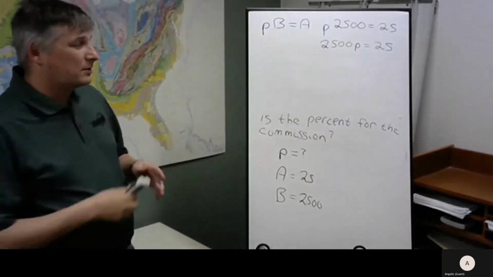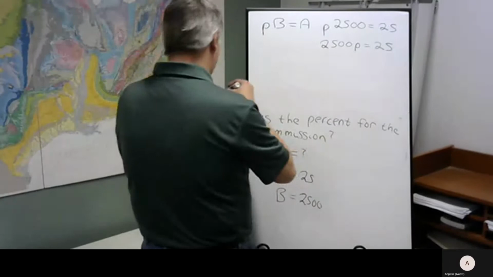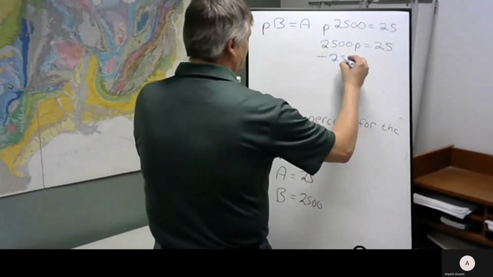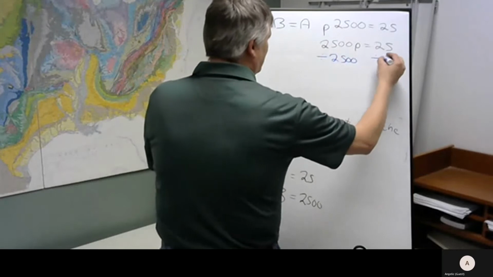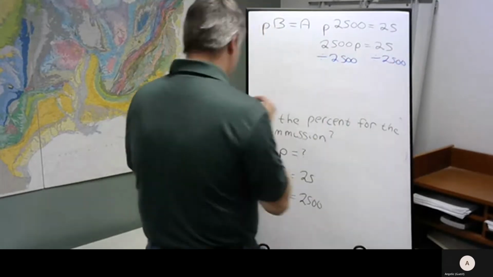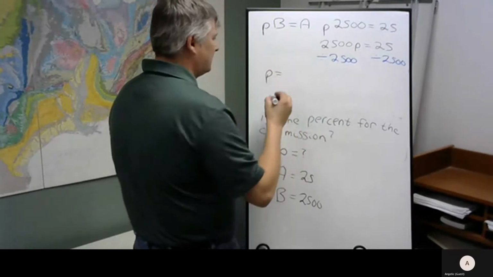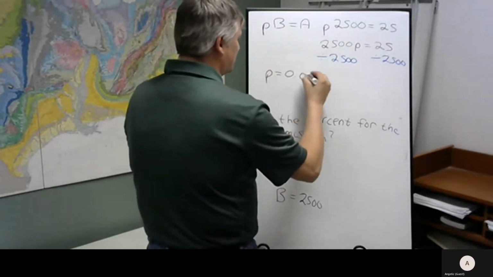So again, what we're going to do, we're going to divide by 2,500 to solve for P. And when we do that, we get P is 0.01.